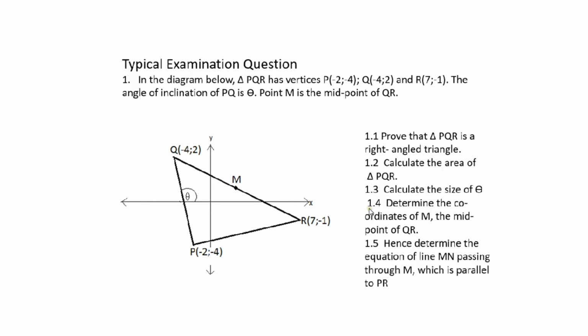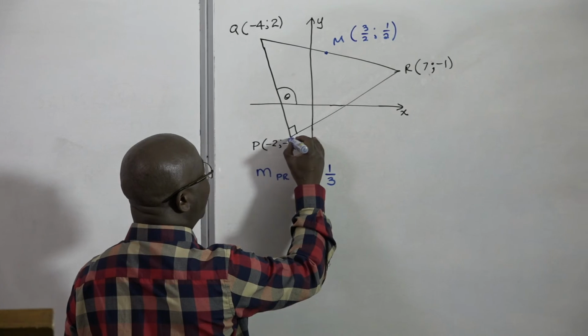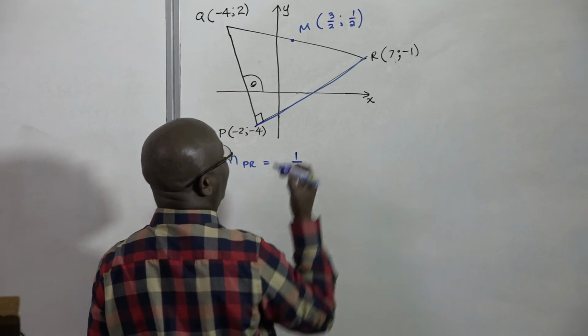Right, so we are doing the last part of the question where we are going to determine the equation of the line MN, which passes through M, the midpoint of QR, and is also parallel to PR. Let's go to the board and see how this pans out. So this line that we are dealing with will be parallel to the line PR.